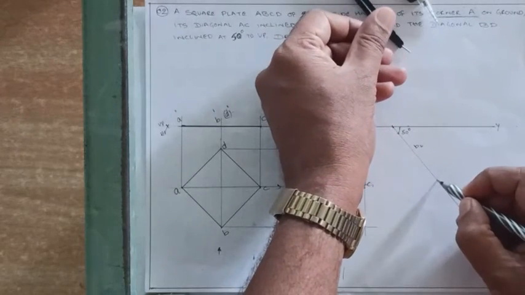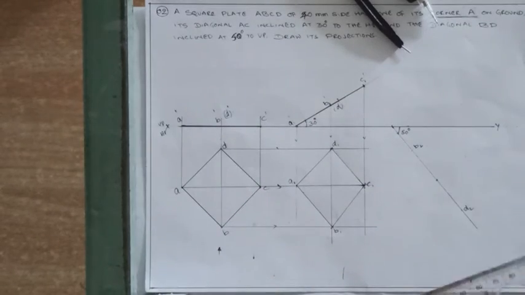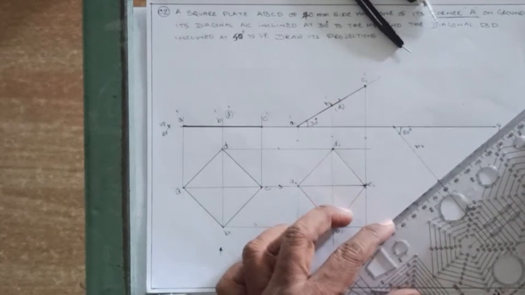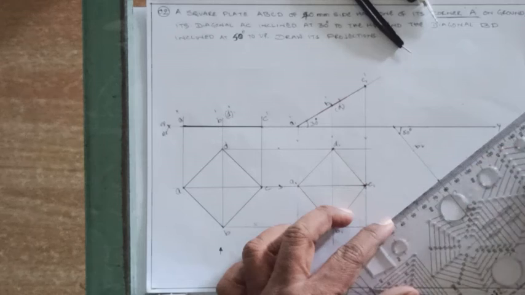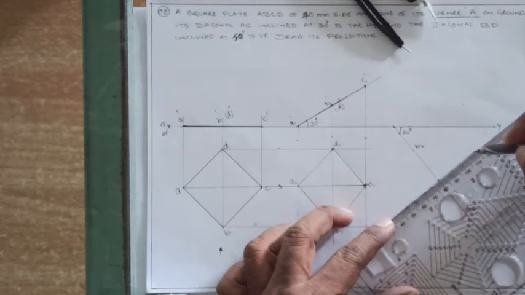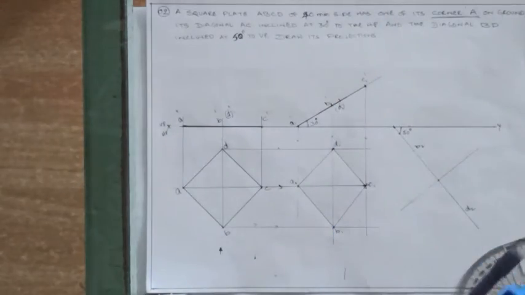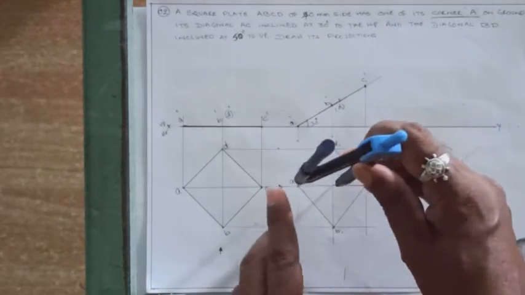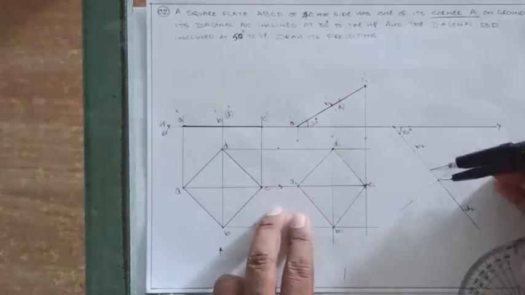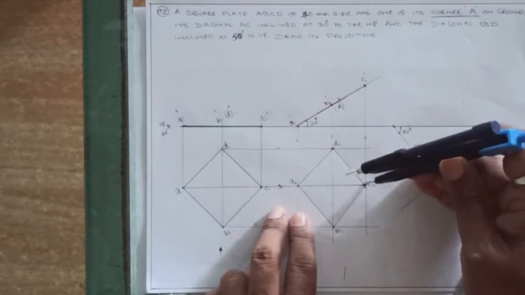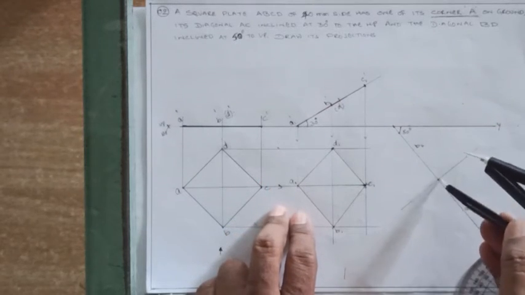Now through the midpoint, draw one perpendicular line, perpendicular to the 50 degrees inclined line. Okay, like this, perpendicular thin line. Now take the distance from this midpoint to A1, transfer here. Similarly from C1 also transfer here.